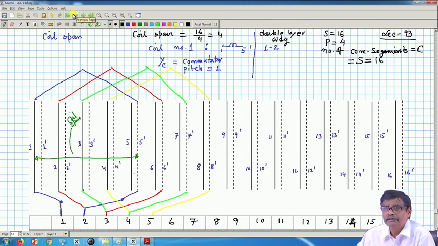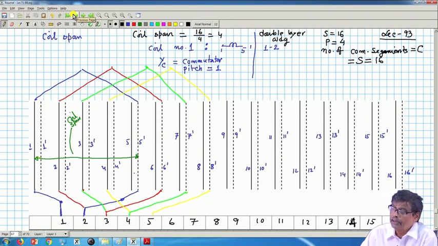The last job that will remain is on which commutator segment the brushes are to be placed. I told you, show the polarity of the voltages; where the plus sign will converge, there you put a positive brush, and where the negative voltages will converge, put the negative brush.